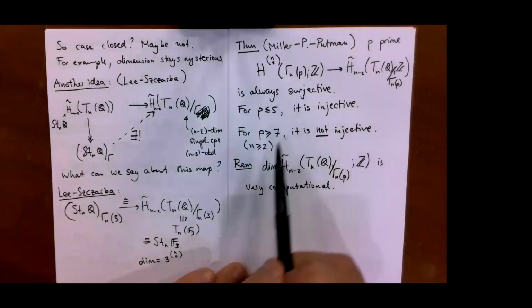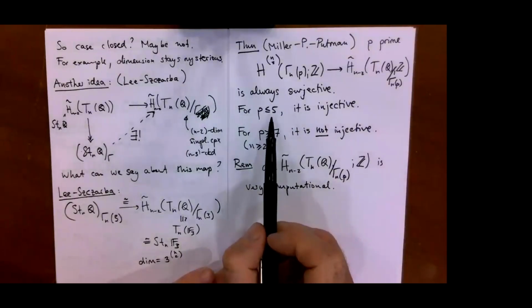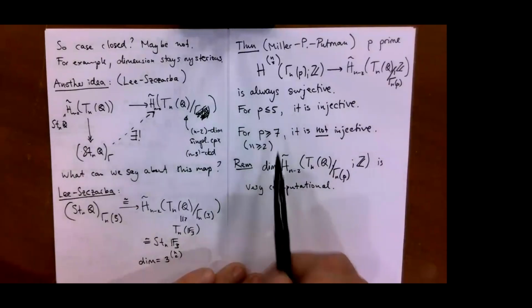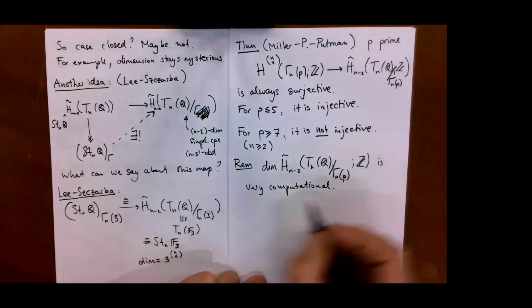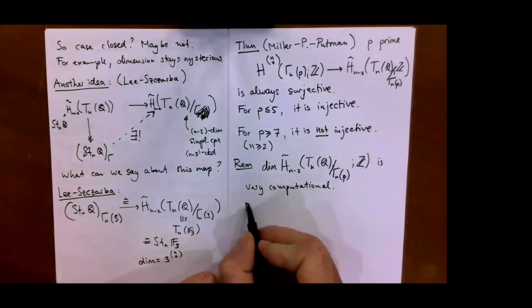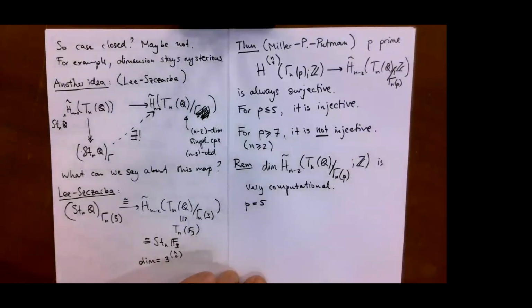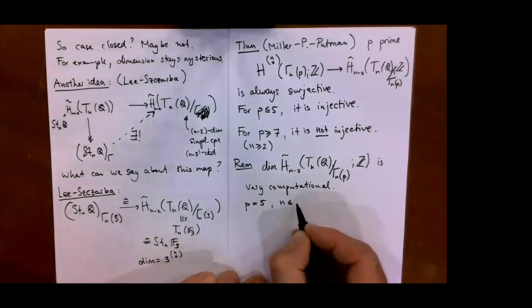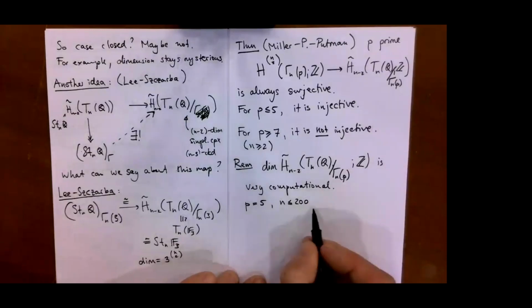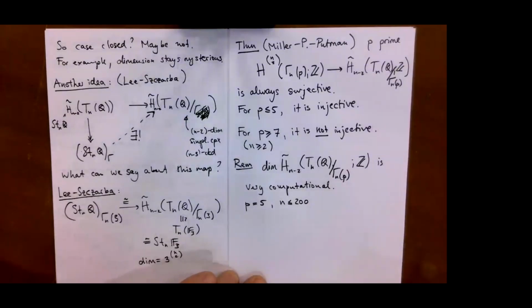So certainly for 5, 3, and 2, it does not have any torsion. For p greater than 7, everything we see doesn't have torsion. So this is very computable. In particular, what I did, I was punching this in for p equals 5, and I was able to compute all of these for n smaller or equal to 200 in 1 minute.